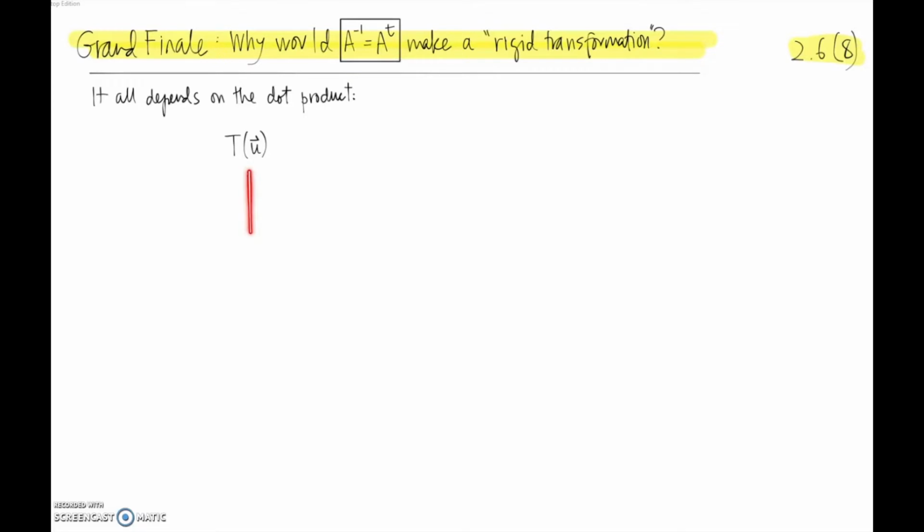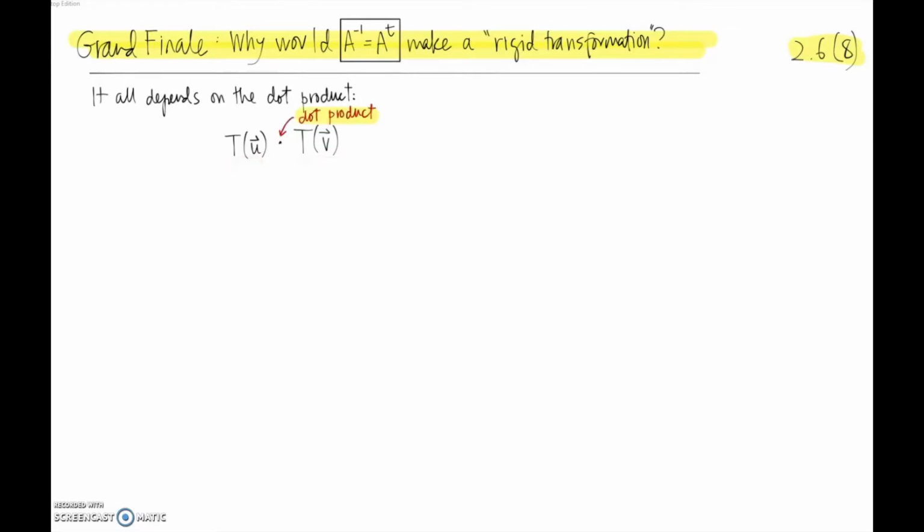So imagine that we have a vector. It started out as vector u, but then we pushed it through this transformation and out came another vector. And this is the new vector after the transformation. And we'll do the same thing to this vector v. It goes through the transformation, and so here essentially is a new vector, T of v. And we're going to take the dot product between this vector and this vector.